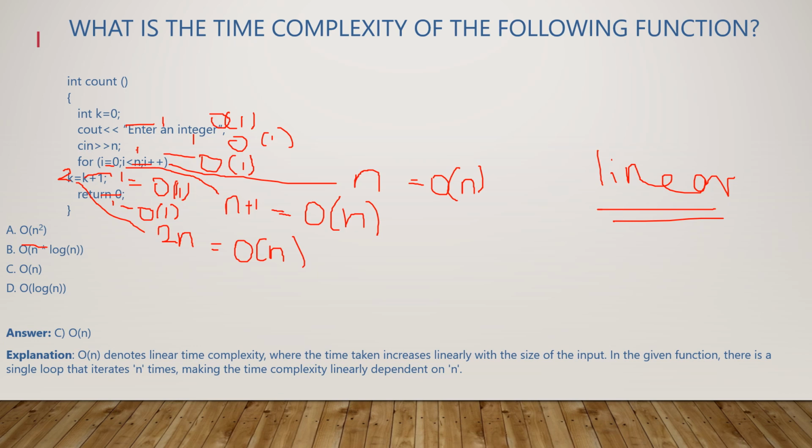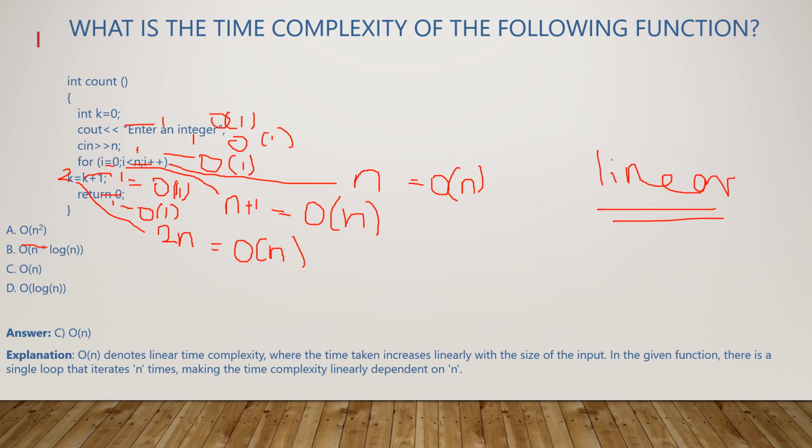The other one is B, O(n log n). That represents a linearithmic complexity, but these operations are especially for merge sort and quick sort in the divide and conquer approach, and this one is not that, because this is linear.